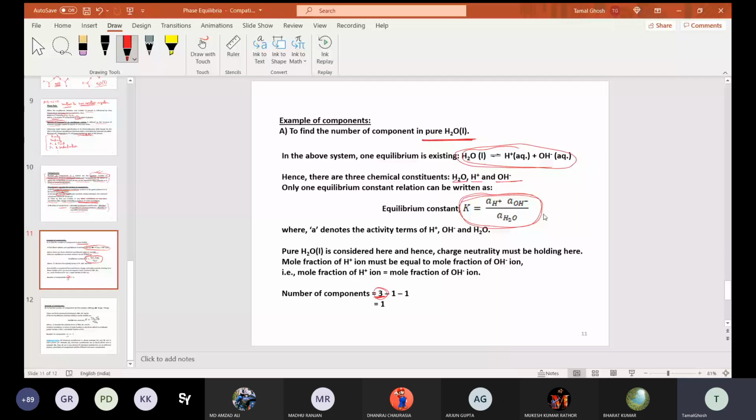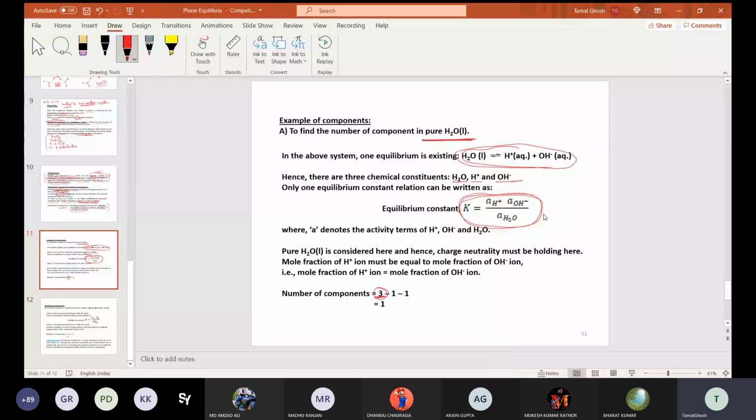When you are writing with concentration, that automatically indicates that it is basically an ideal solution, the solution is behaving ideally. The non-ideality, if it is at all present, is to be taken care of with the help of these activity terms.